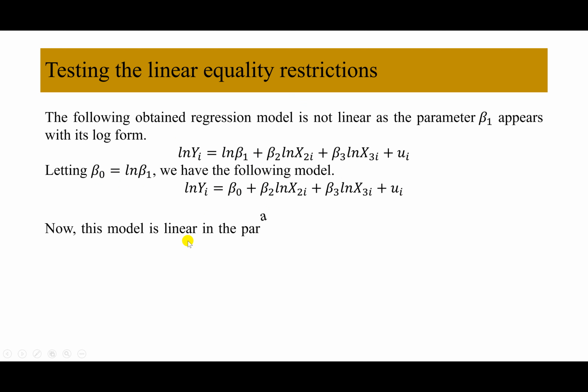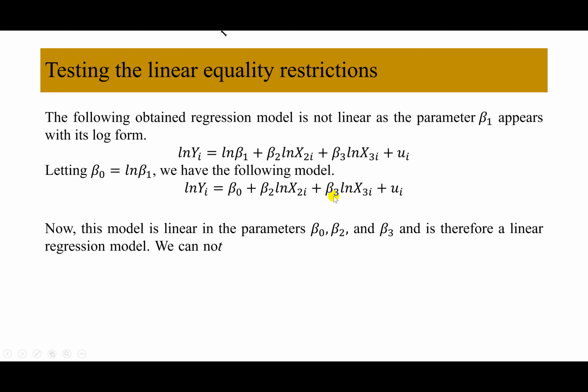Now, this model is linear in the parameters beta naught, beta 2 and beta 3, and is therefore a linear regression model.